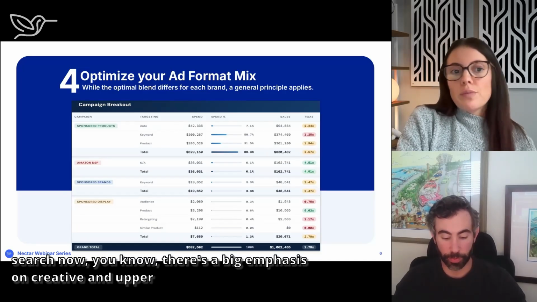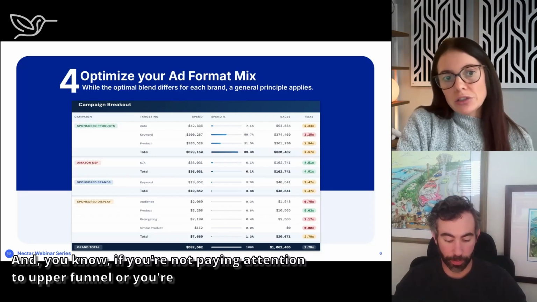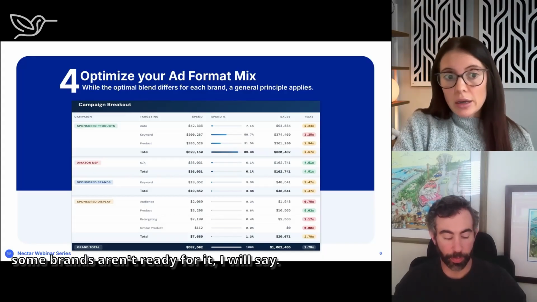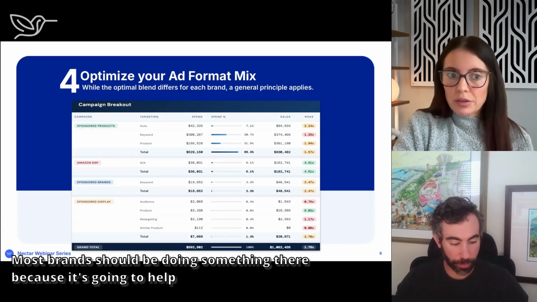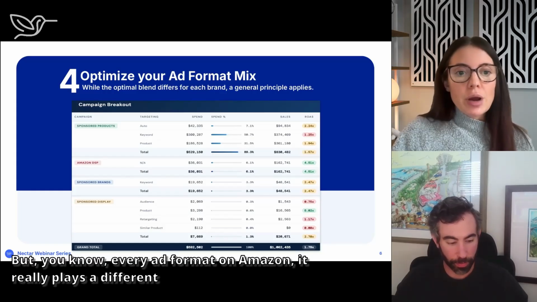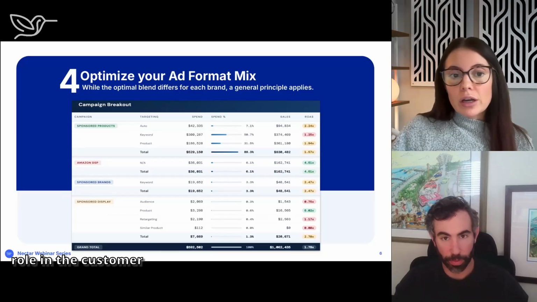Now, there's a big emphasis on creative and upper funnel. And if you're not paying attention to upper funnel or you're not activating it, some brands aren't ready for it, I will say. Most brands should be doing something there because it's going to help the longevity of your brand and increase long-term growth.